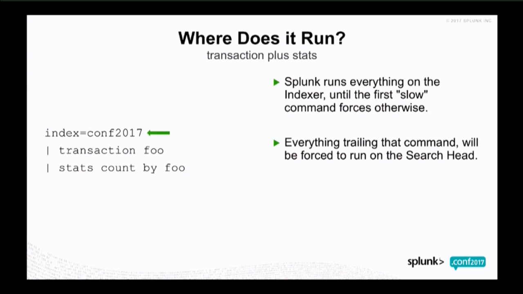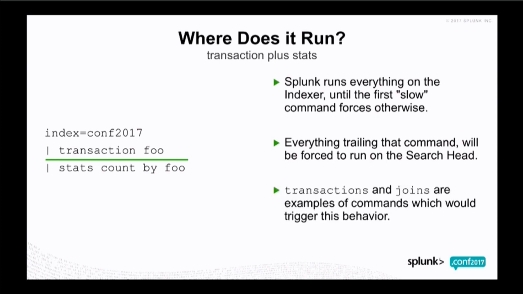We enter with conf 2017. The indexer goes, oh, I can do that. That's fine. Oh, we're going to do a transaction. I can't do that on my own. I have to stop here. So at that point, everything following that part of the transaction has to be sent back to the search head. Even though it's a stats command, it can't do it on its own. It needs the rest of the data to be able to fulfill that query.